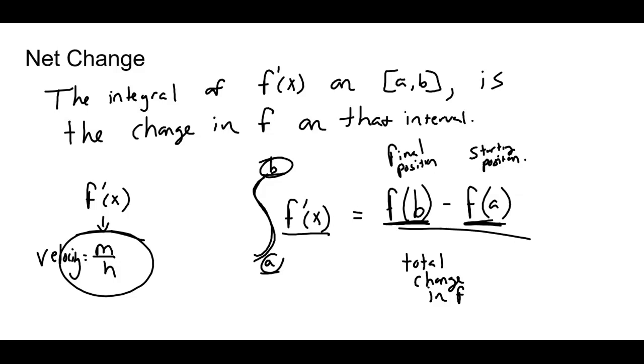So whatever unit is on the top, that's what f is. So f is in miles. So after you integrate this, you end up with a certain number of miles that you traveled. And so that's what net change is. The integral of a derivative tells you the total change in f on that interval.